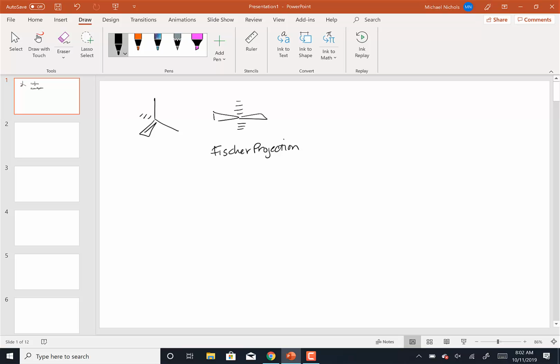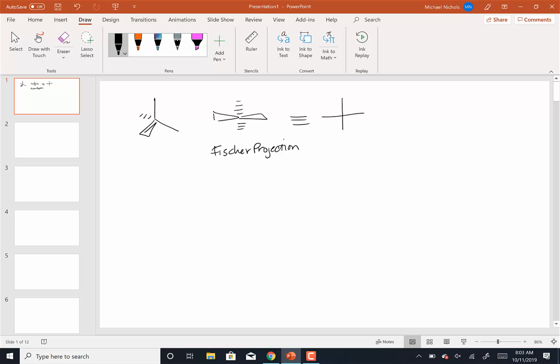Now, a Fischer projection is often abbreviated with just bonds that look like that. And so it's understood that when you see a molecule like that, all the bonds aren't in the plane of the paper, that this is the equivalent of two horizontal bold wedges and two vertical dashed wedges.